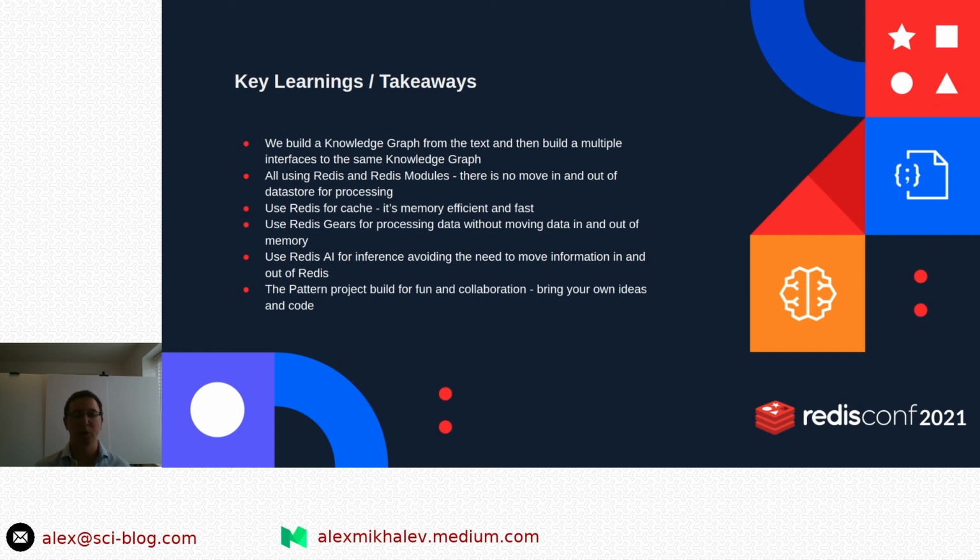There is no move in and out of the data store for processing. There is a separate instance for RedisGraph, and I populate RedisGraph out of RedisGears on streams. There is a reason for it: limitations of sharding on RedisGraph. Use Redis for cache. It's really memory efficient and fast. A lot of data science frameworks will benefit from a fast cache.